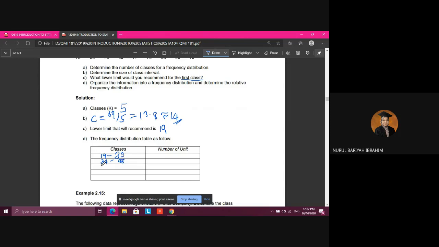And then the next class will start with 49 for the lower limit, up to 49 plus 14, it will be 63. Okay, and then the next class starts with 64.